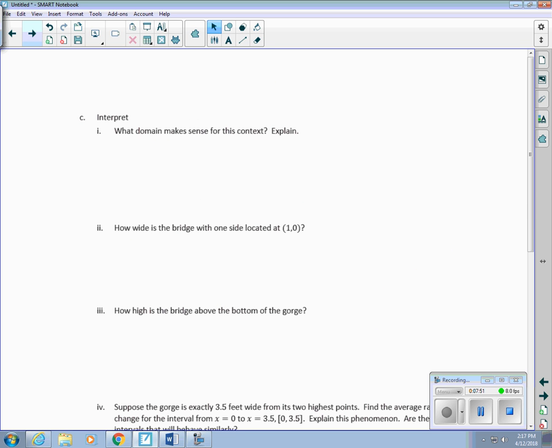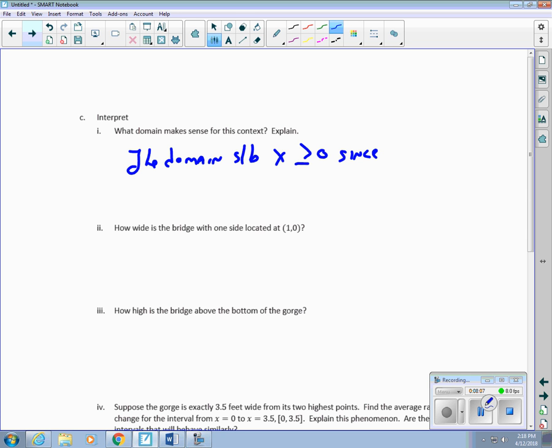All right, continuing on. What domain makes sense? The domain should be x is greater than or equal to 0, since it is distance.